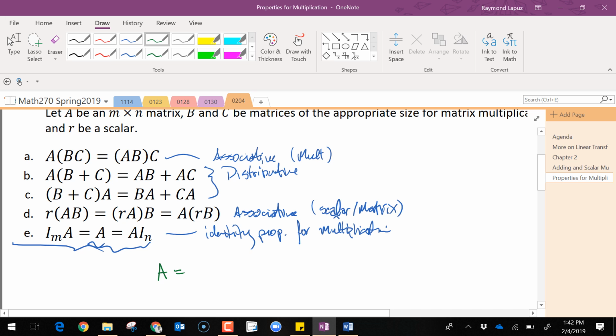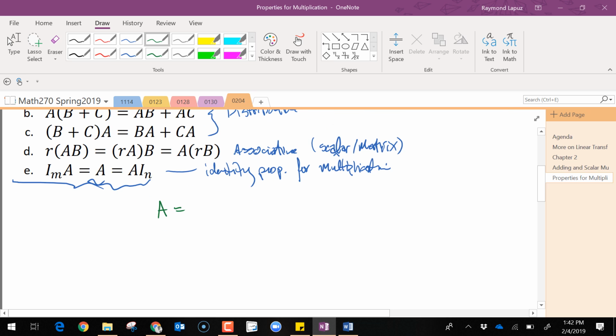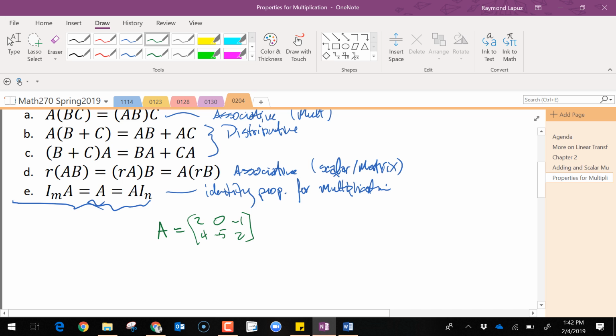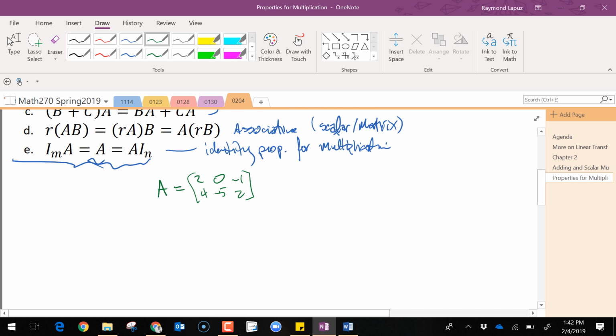What was our A equal to in the last part? Imagine multiplying this by an identity on the left side. This is a 2 by 3 matrix, right? 2 rows and 3 columns.